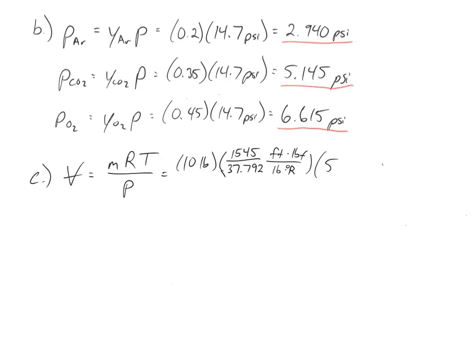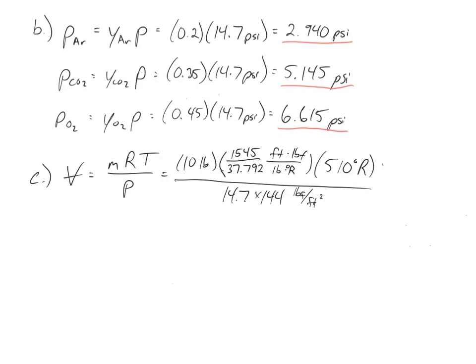And the temperature, 50 degrees Fahrenheit, so it's 510 degrees Rankine, divided by pressure of 1 bar, or 1 atmosphere, so 14.7, times 144 to get us in pound force per foot squared.